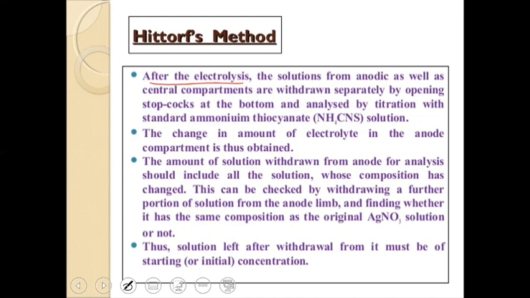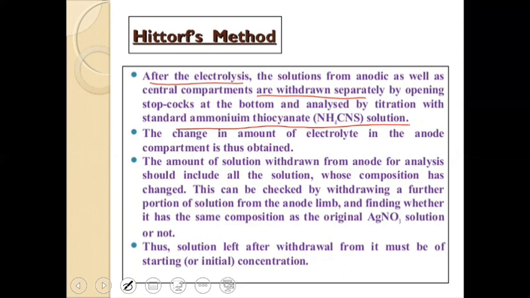After electrolysis, the solutions from the anodic as well as the central compartment are withdrawn separately by opening the stopcock at the bottom and analyzed by titration with standard ammonium thiocyanate.